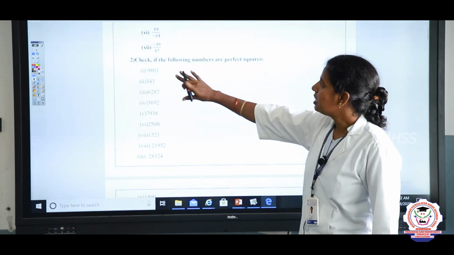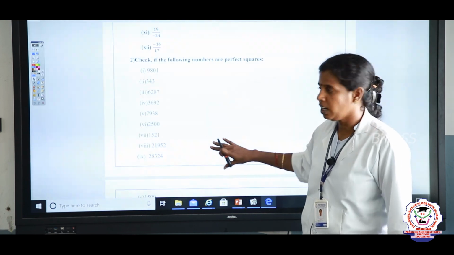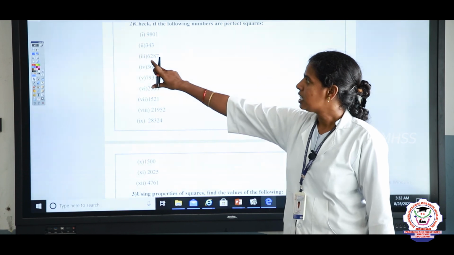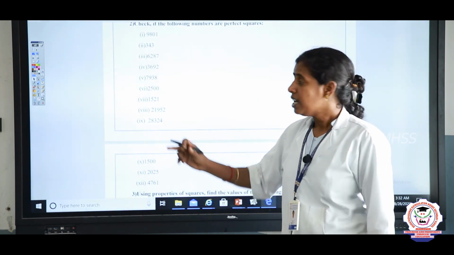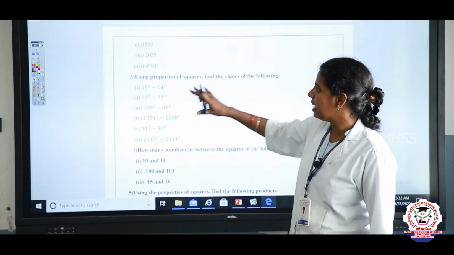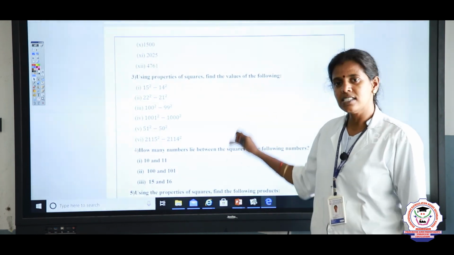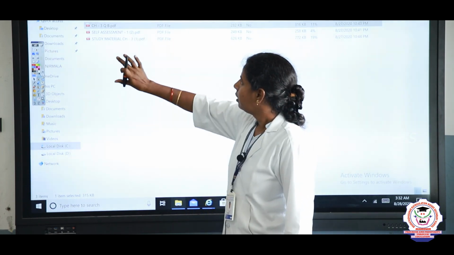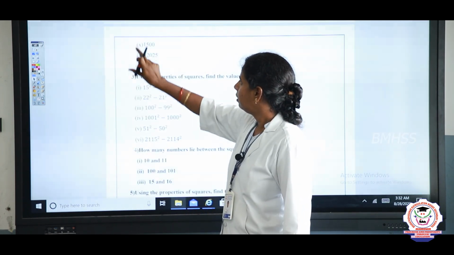The next one: check if the following numbers are perfect squares. They have given it like this. For 9801 I have solved, 6287 I taught you, right? The remaining 10 problems you can find the answers to. Likewise, the question bank is given to you. And then the study material.